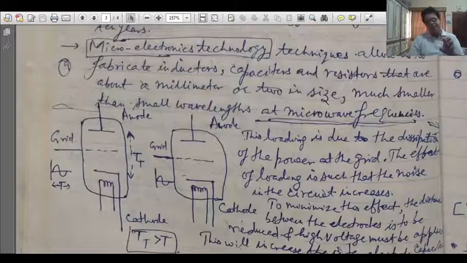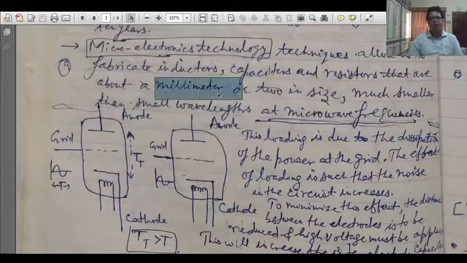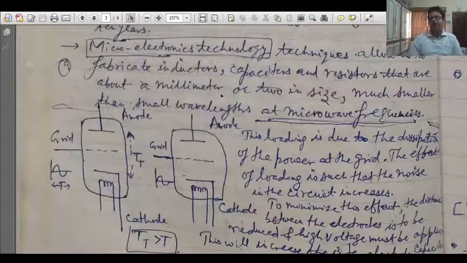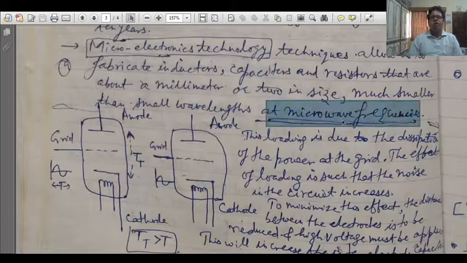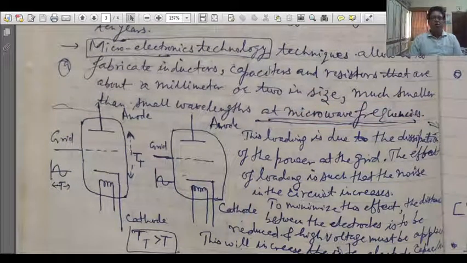These very small inductors, capacitors, and resistors, in the range of a millimeter or smaller, can be used at microwave frequencies.